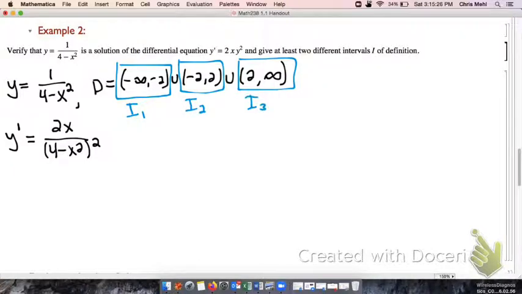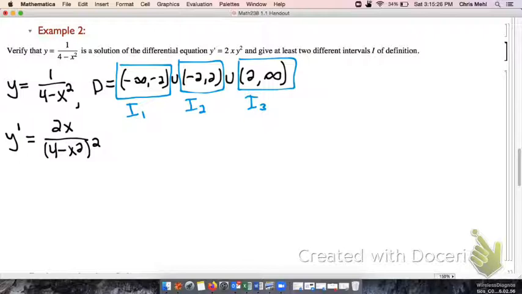You will notice that the differential equation is defined on those intervals, and y and y prime are continuous on each of those separate intervals. I'm supposed to give at least 2 different intervals of definition, intervals of solution, domain of the solution, whatever terminology you want to use. But again, the differential equation has to be defined on those intervals for x.